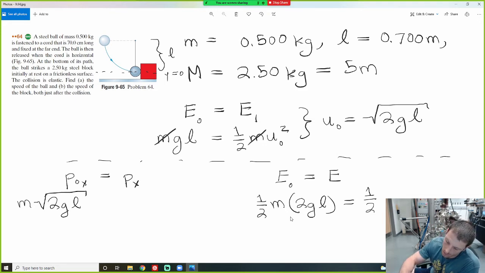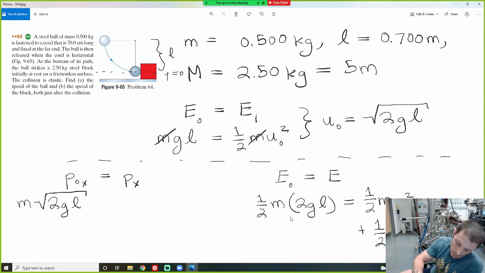And so this looks like the kinetic energy of the ball just after the collision, which we could write like that, plus the kinetic energy of the block just after the collision. And notice that I'm using a u to indicate the speed of the ball and a v to indicate the speed of the block.